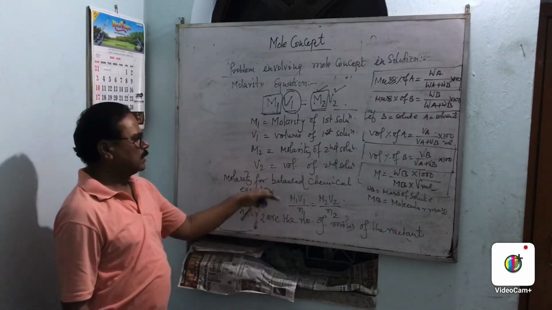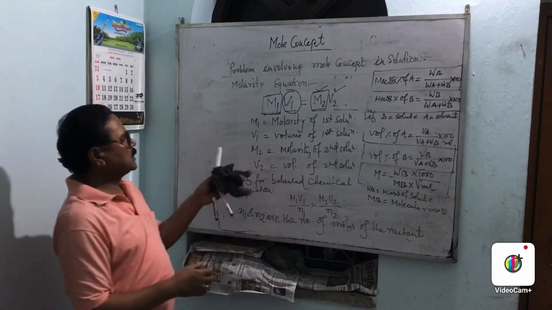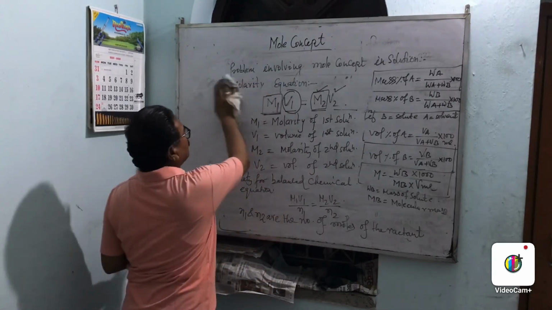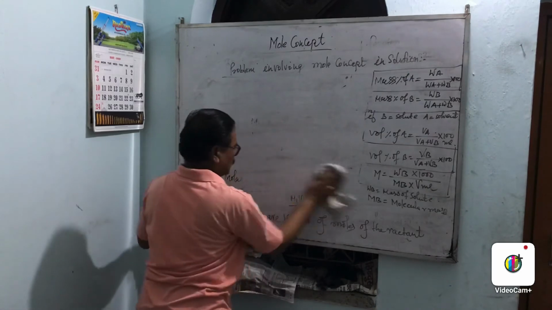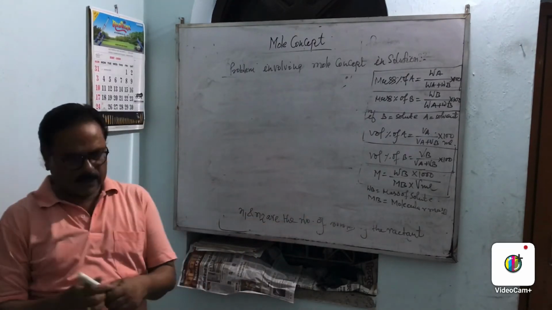If it is involved, then we can use this equation to solve the problem. So this is about the molarity and the problems based on the molarity. Now we take another concept, that is molarity. This is a very important one. So we consider molarity.